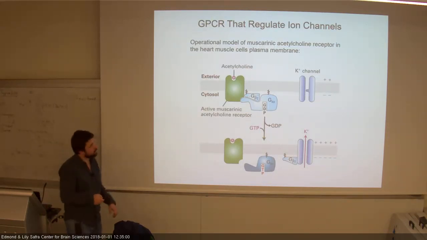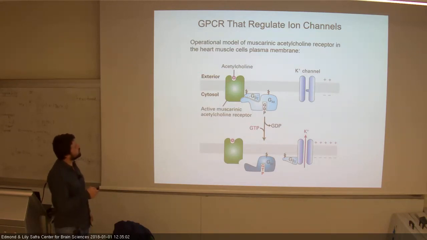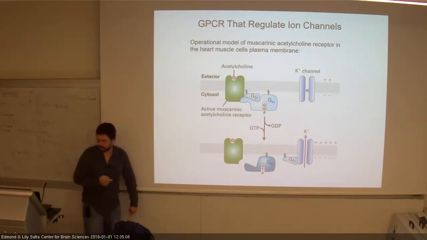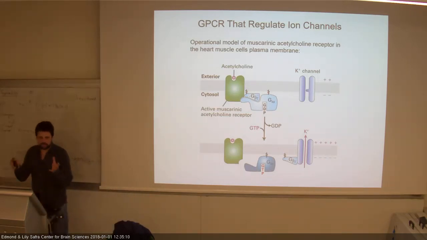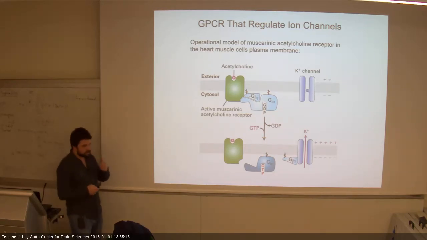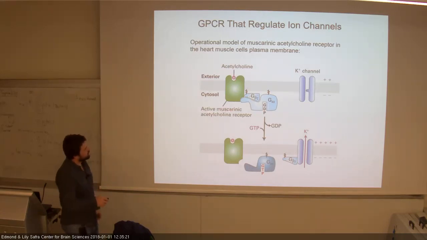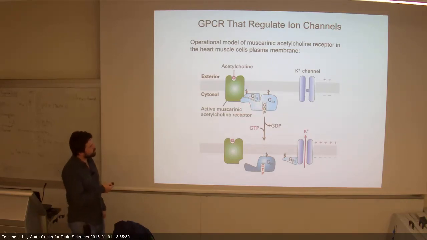For example, in the acetylcholine example, we talked about the nicotinic receptor, which is an ionotropic receptor that just opens a channel once it's bound to acetylcholine and allows permeability of sodium and potassium. In this case, the binding of acetylcholine to a receptor that's called the muscarinic acetylcholine receptor does not cause the direct opening of any channel, but activates a G protein.